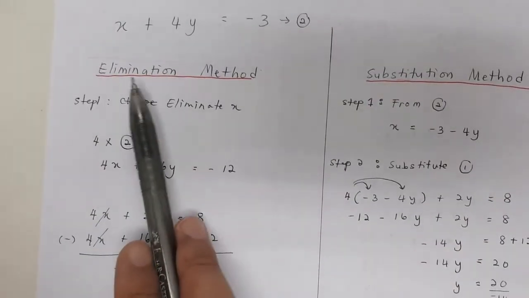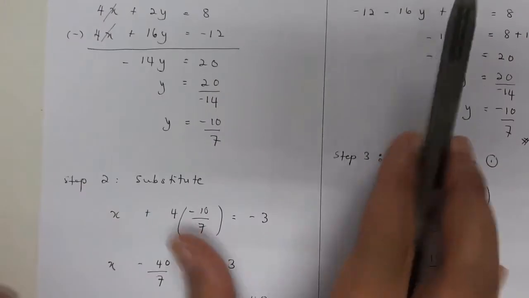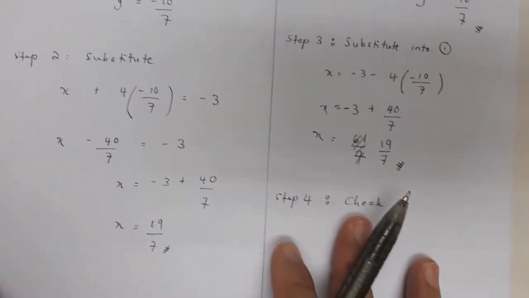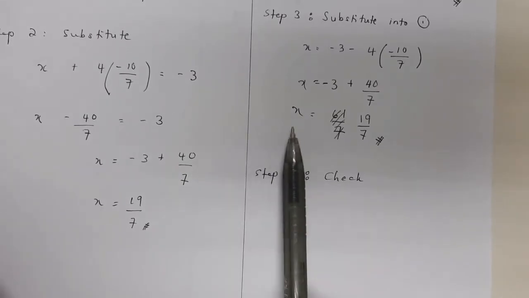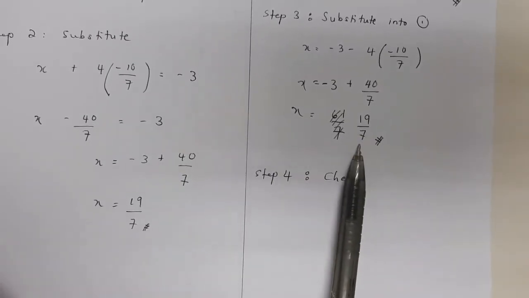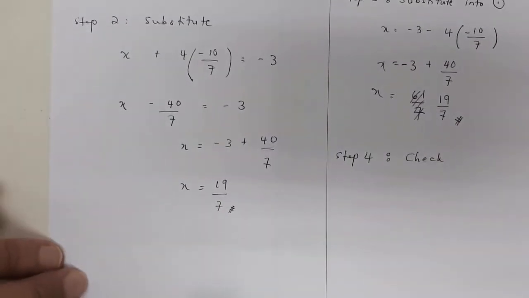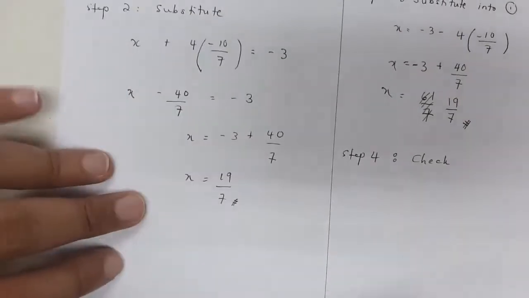And using the elimination method, we also get y equal negative 10 over 7. As for x, we get x equal 19 over 7, and using the elimination method, x also equals 19 over 7.